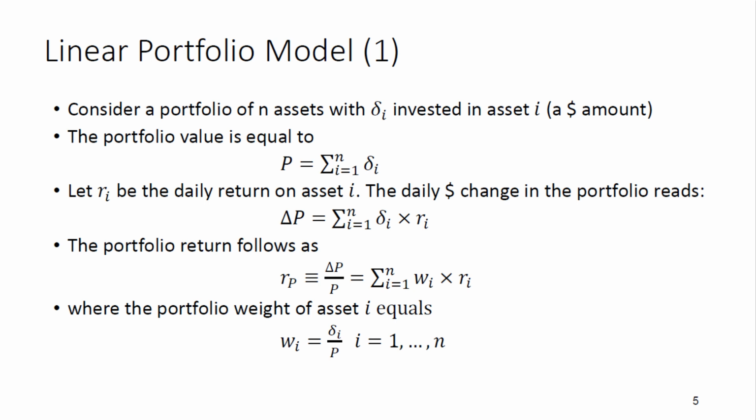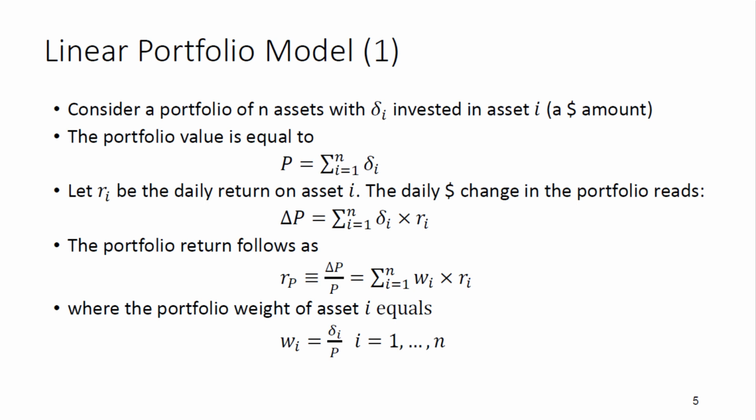Each asset has a particular value, and with delta i we denote the dollar amount invested, the current value of asset i. So the first equation says my portfolio value P is simply the sum over i is 1 to n of delta i.